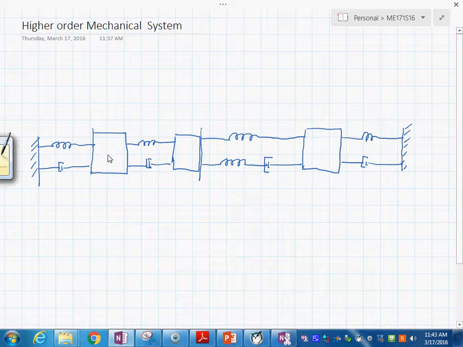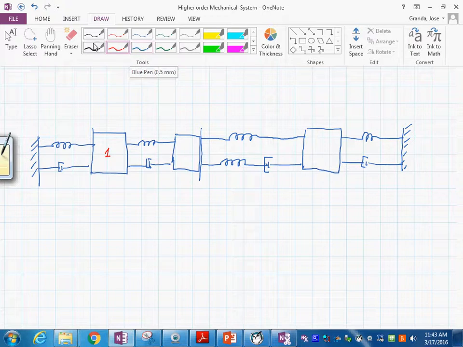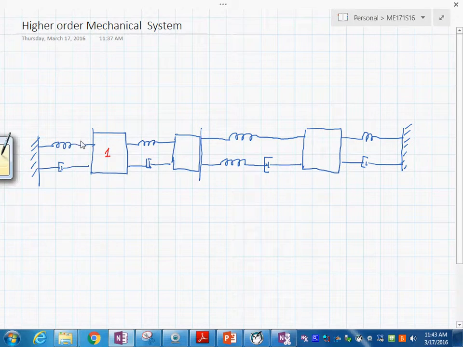This would be a 1. There's one thing that I need to tell you, that there is a force on this, and so that it's consistent with the color, I'll just put it in here, like a force in here.